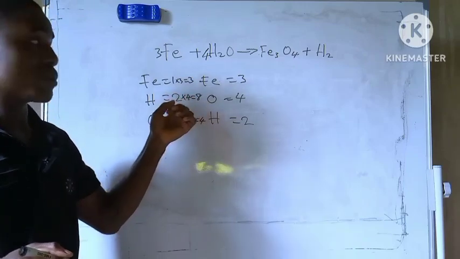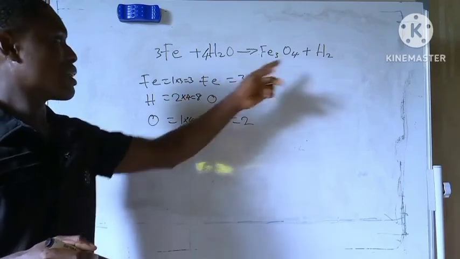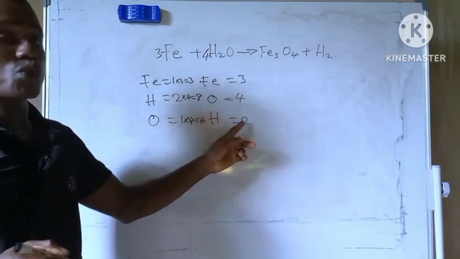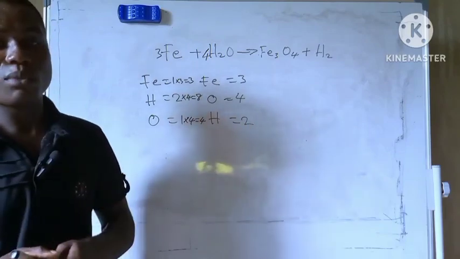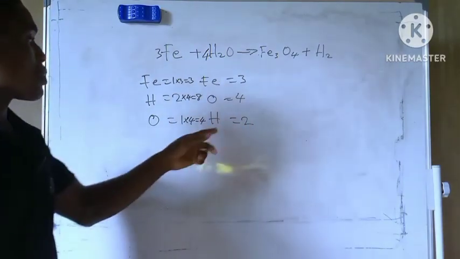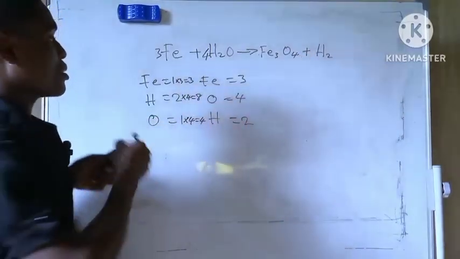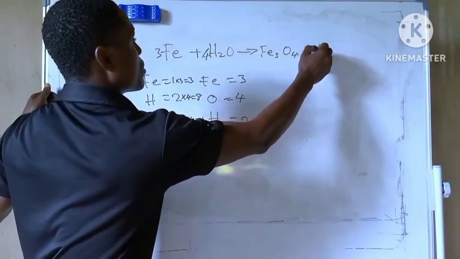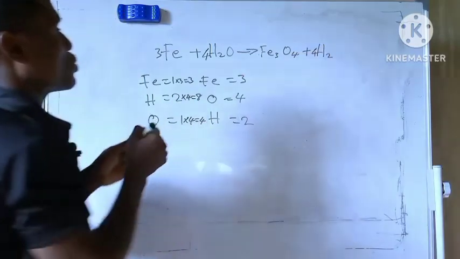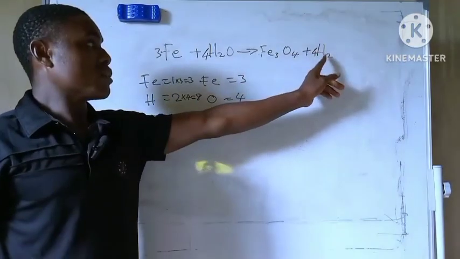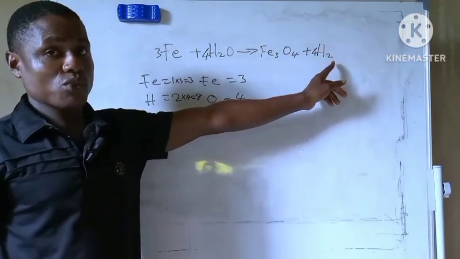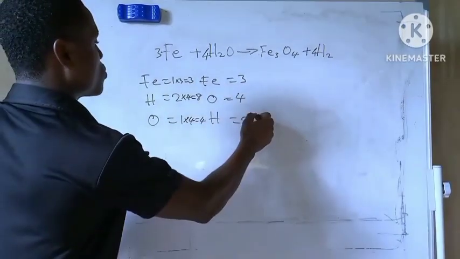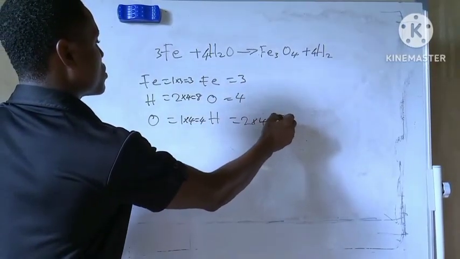Hydrogen has 8 atoms here. But let's check our right side. Our right side, hydrogen is 2, meaning hydrogen is not yet balanced. So what are we going to do? So we introduce 4 here. So once we introduce 4, 4 multiplied by 2 is 8. So 2 multiplied by 4 gives us 8.